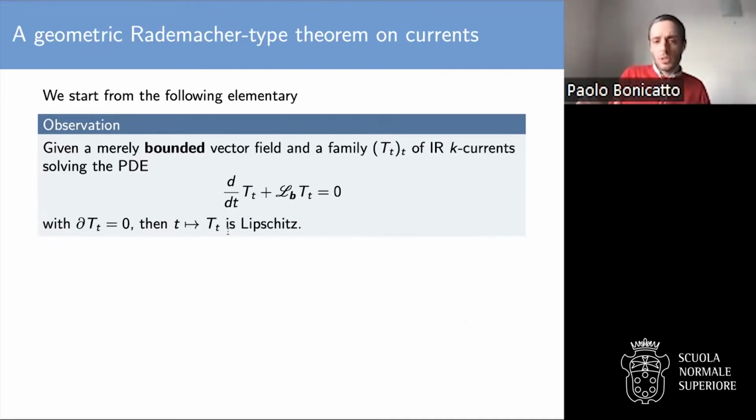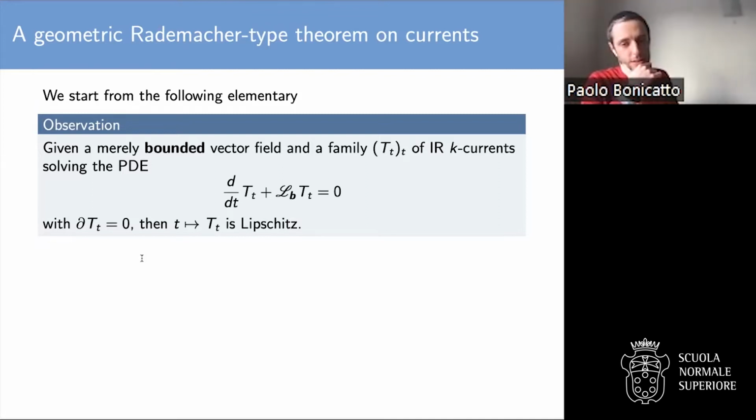So suppose now that I am given a bounded vector field, and a family of integer rectifiable k currents, which solve the PDE, and say, for simplicity for a moment, let us assume that they are also boundaryless. So the boundary is zero, and they solve the PDE.